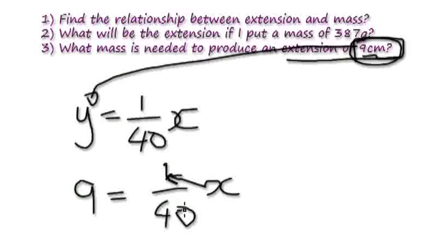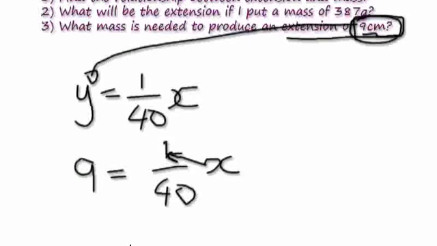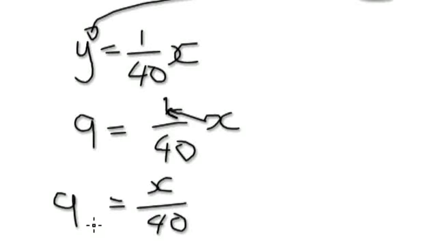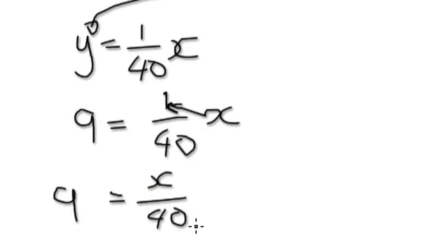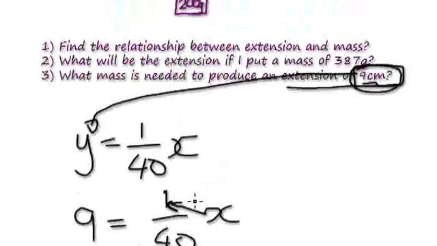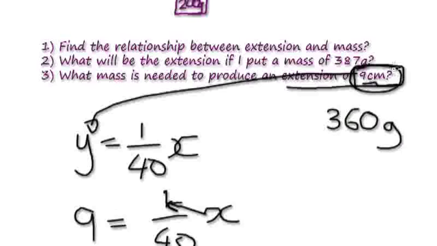The x gets multiplied to the top, so it will be x over 40. Now multiply both sides by 40. That will give you x. So 360 equals x. So we will need 360 grams in order to create an extension of 9 centimeters.